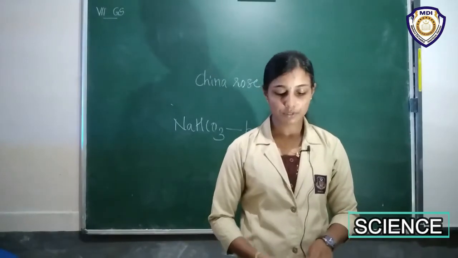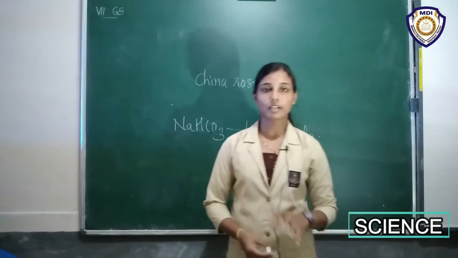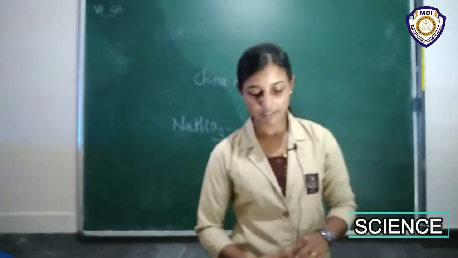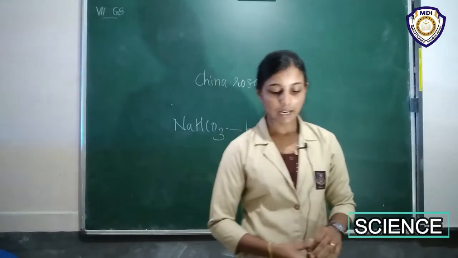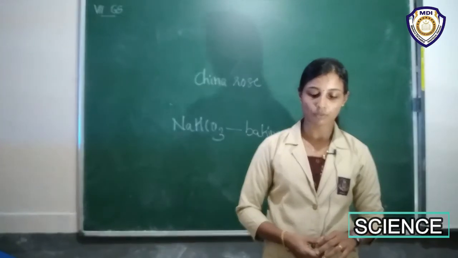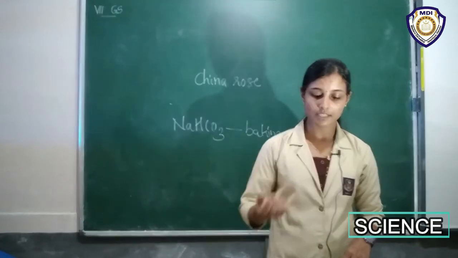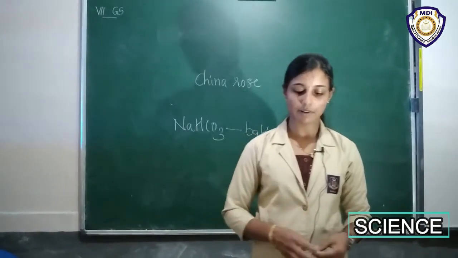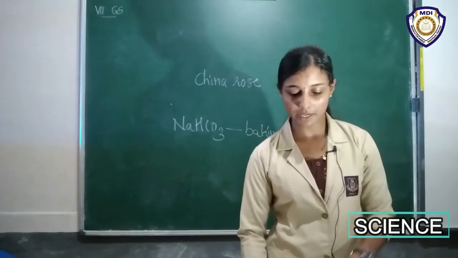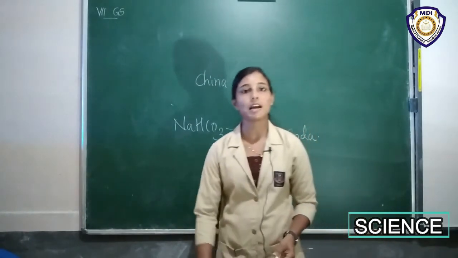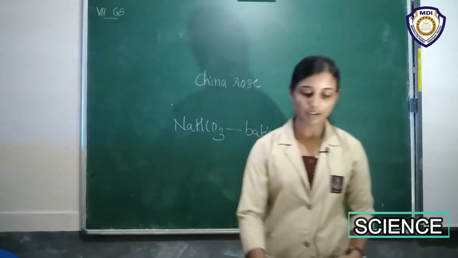We have to do some laboratory experiments. That is activity 5.4. It is given that the teacher is requested to get the dilute solution of the following chemicals: hydrochloric acid, sulfuric acid, nitric acid, acetic acid, sodium hydroxide, ammonium hydroxide and calcium hydroxide. All these solutions will be available in your labs, right?